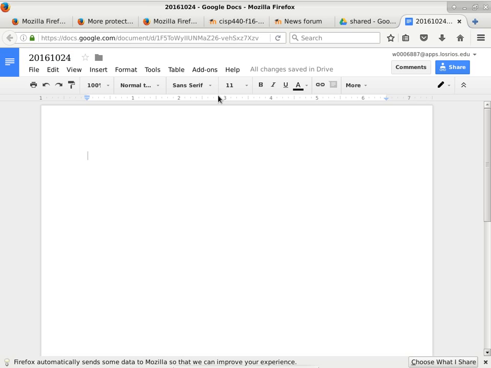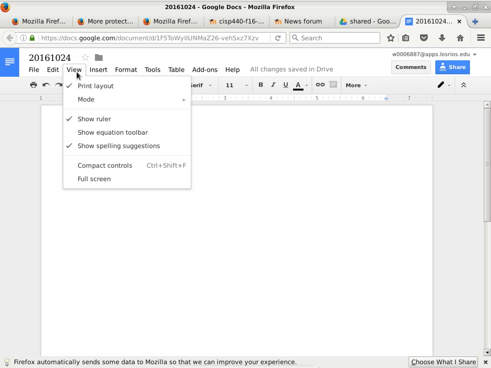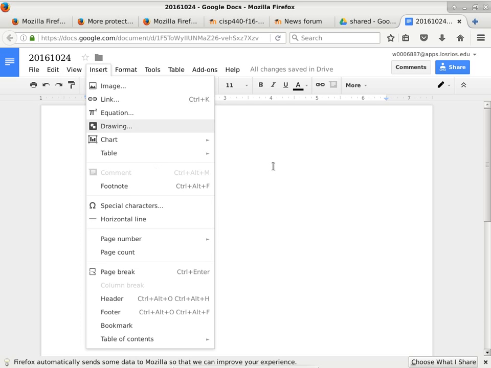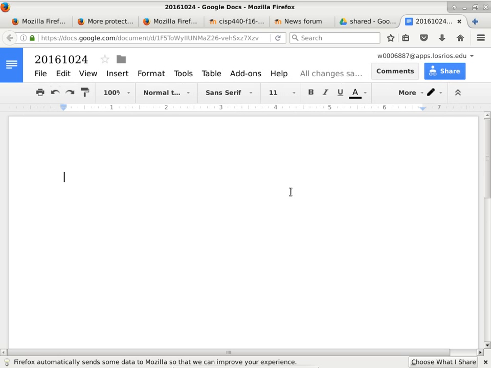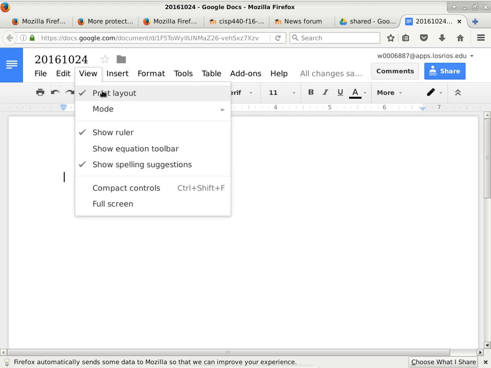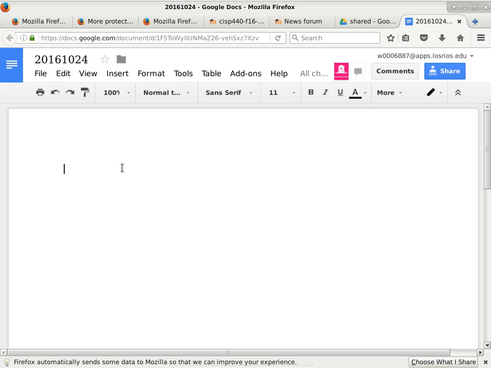There we go. Now we can change the font size all we want. So we can say zoom. I think the usual zoom control works. There we go. And we want to change the view from print layout back to the usual web presentation. I don't need a ruler for this. And don't try to check my spelling. There we go. So let's go ahead and paste the content.